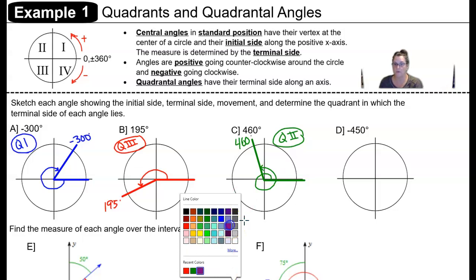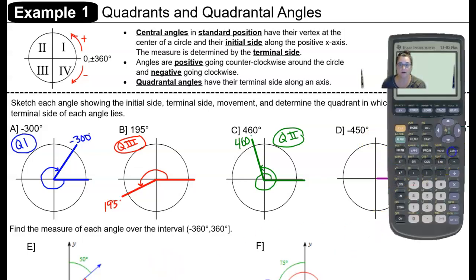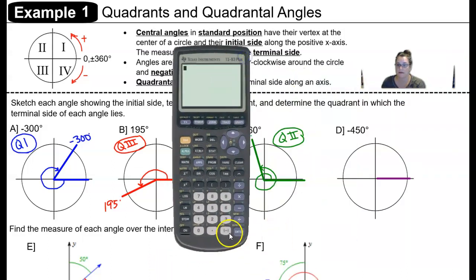Okay, now in example D, our initial side, again, is along the positive x-axis. It's a negative 450 degrees, so we're going to go clockwise. This would be negative 90, negative 180, negative 270, negative 360. Then we need to go another 90. So let's see here, we are at negative 360.